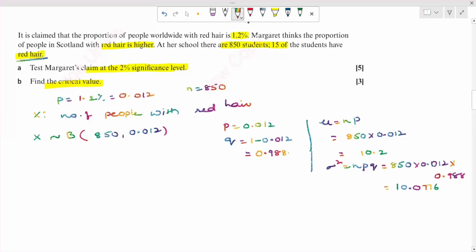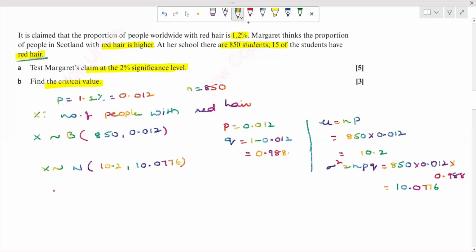Keep it like this. Now write the normal distribution N(mu, variance), that is N(10.2, 10.0776).